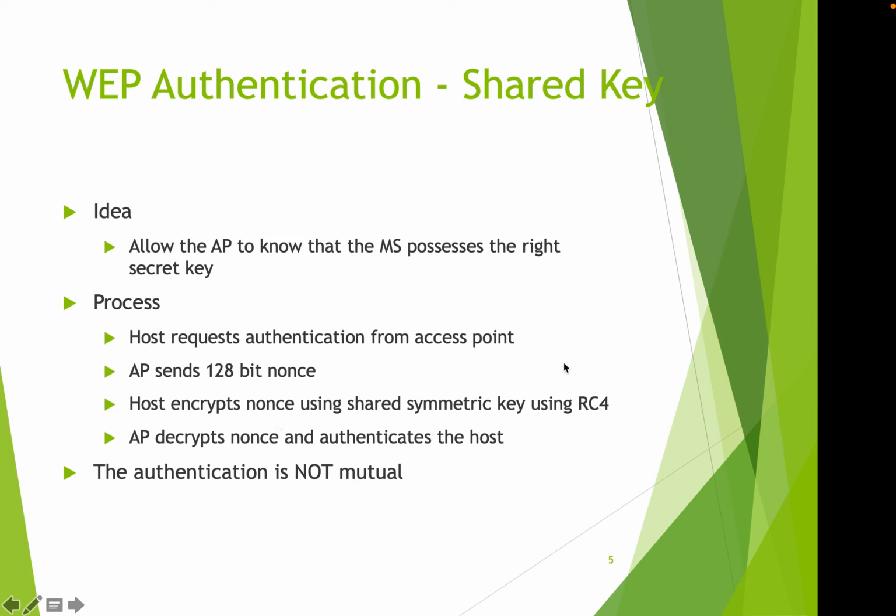This is the keyword: RC4 is used. If you know RC4, what is RC4? We learned it a long time ago. It is a stream cipher, right? So what is a stream cipher? It's mostly used in, for example, streaming video, that kind of thing.